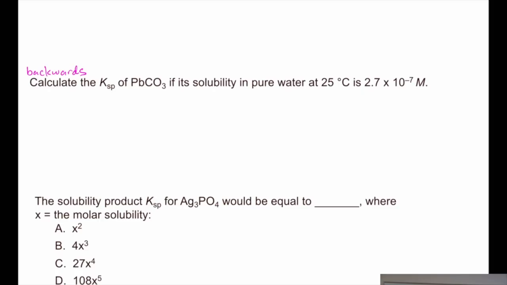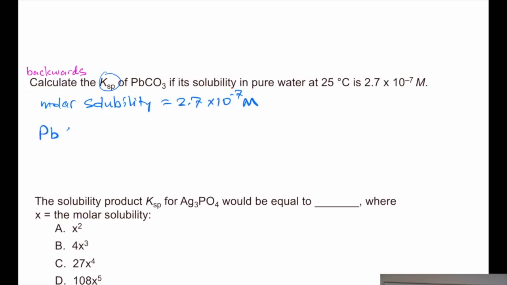So here, we're given the molar solubility. I'm just going to work it backwards. The molar solubility is equal to 2.7 times 10 to the minus 7th molar, and we're asked to calculate the Ksp. What's the compound? It's lead carbonate.